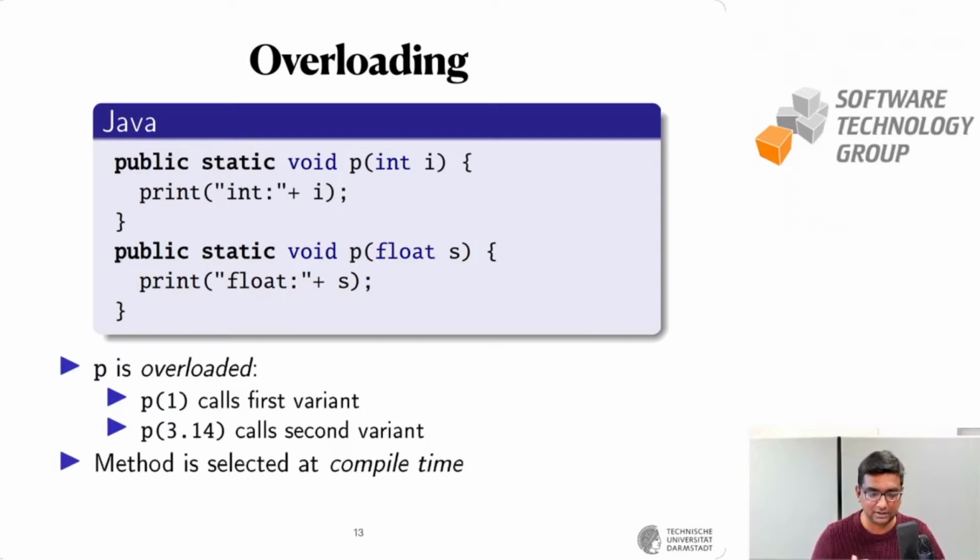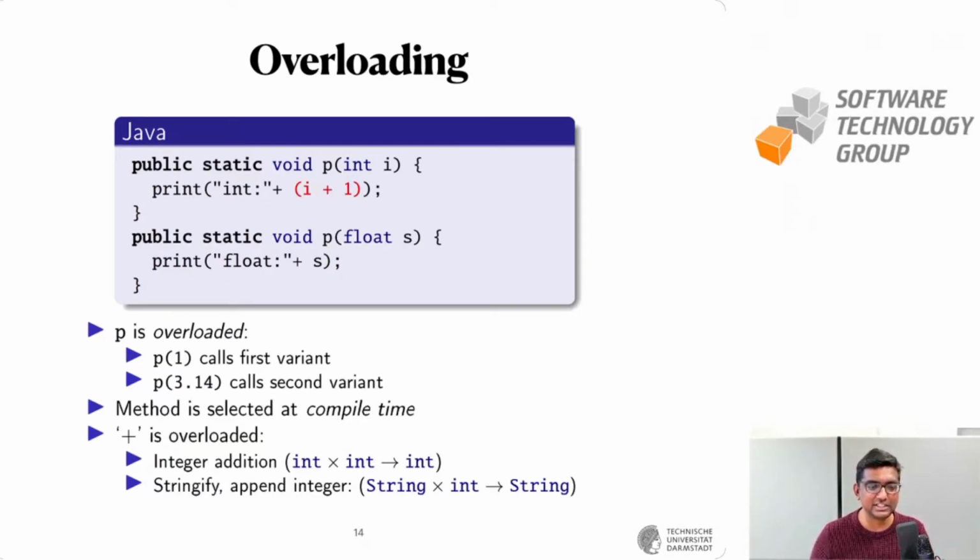One prints int plus i, the other prints float plus the parameter. So here the function p is adapting to different type variations. When you call p with value 1, it calls the first variant. When you call p with 3.14, it calls the second variant. So which method is called is decided at compile time.